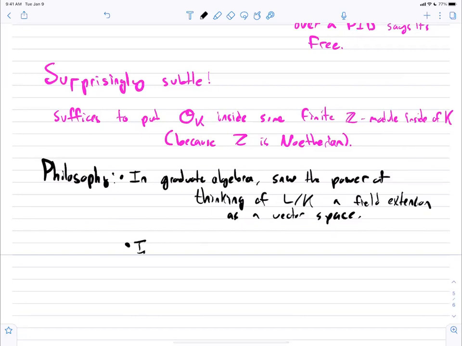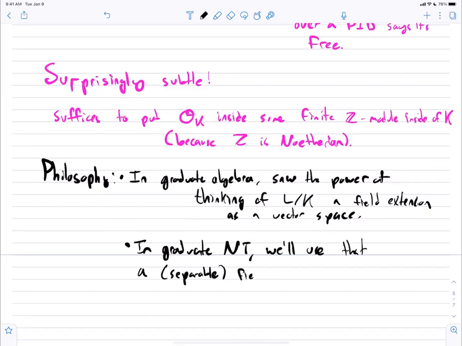So here in graduate number theory, we'll use that this is only going to work for a separable field extension over K, which is naturally equipped with a non-degenerate bilinear form.